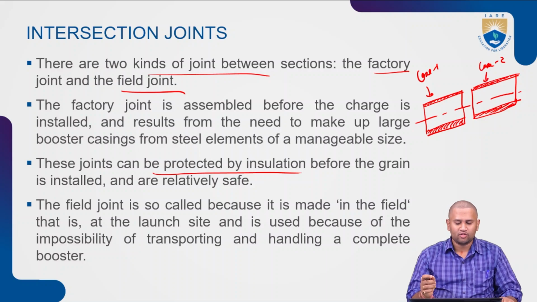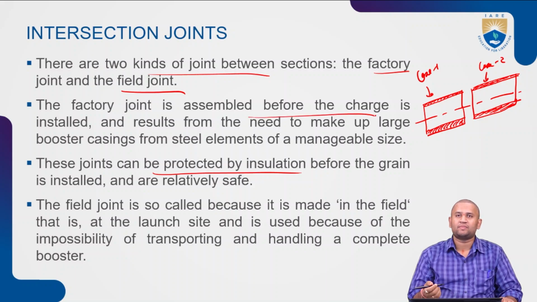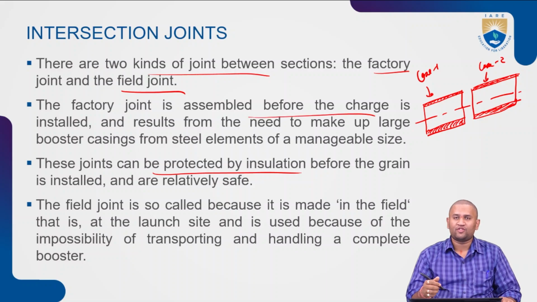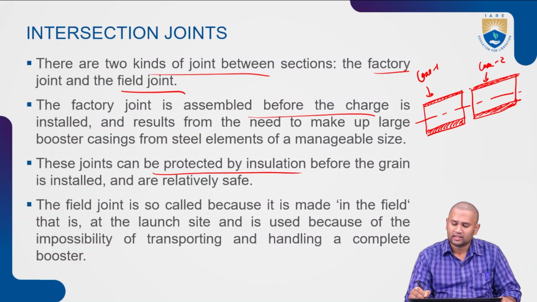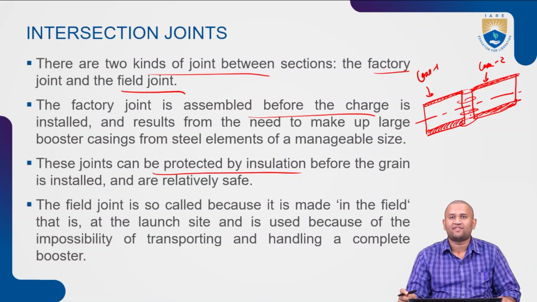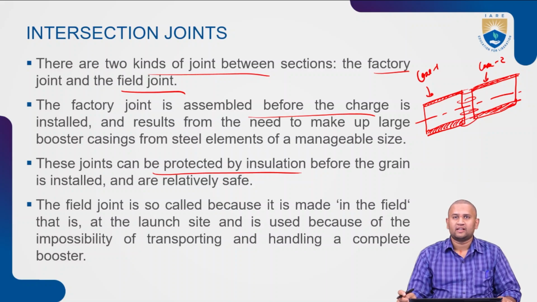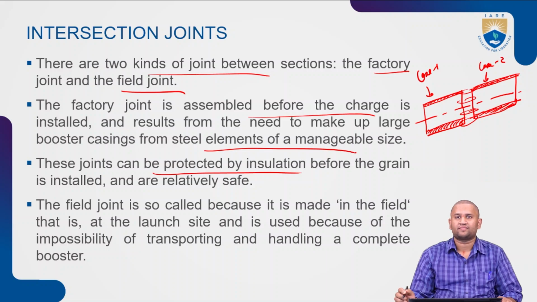Now, let us understand what the factory joint is. A factory joint is assembled before the charge is installed. Before loading my propellant, I can join these two with the help of flanges, or the steel elements.